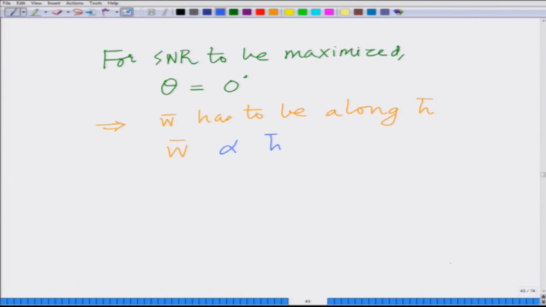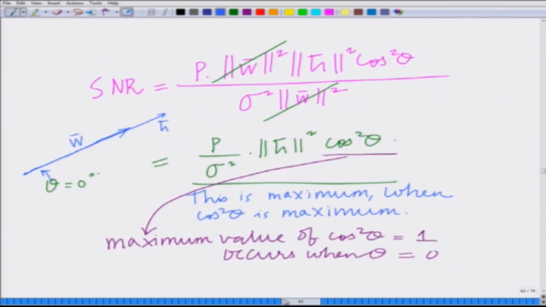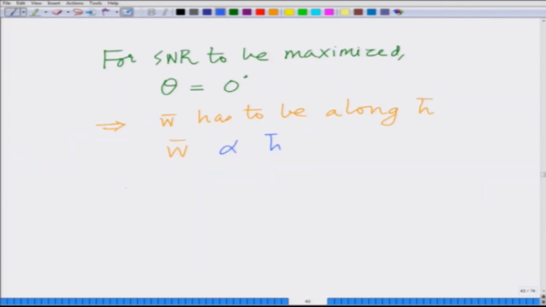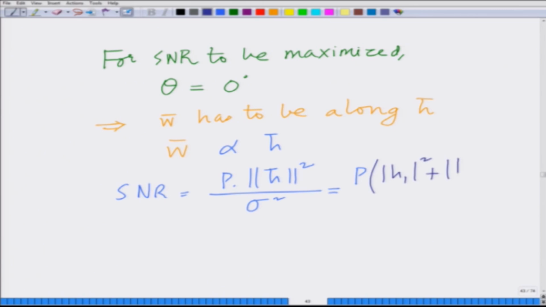And in that scenario, if cosine square theta is equal to 1, what we have is SNR equals P times norm H bar square divided by sigma square, which is equal to P times magnitude H1 square plus magnitude H2 square divided by sigma square.